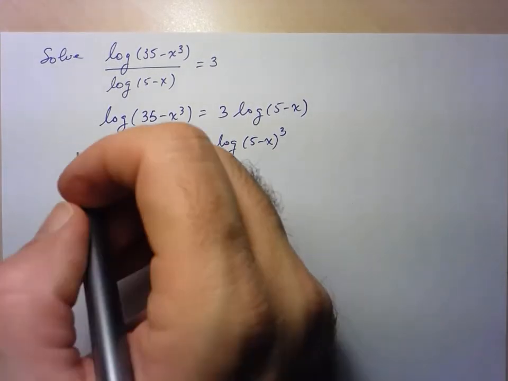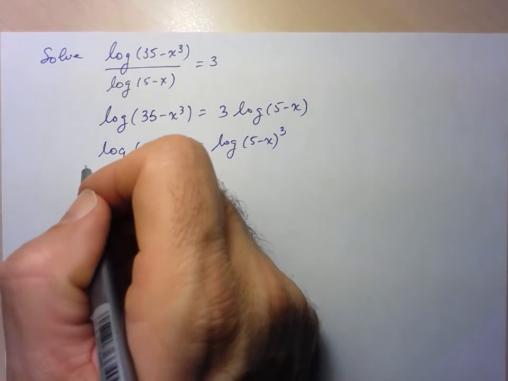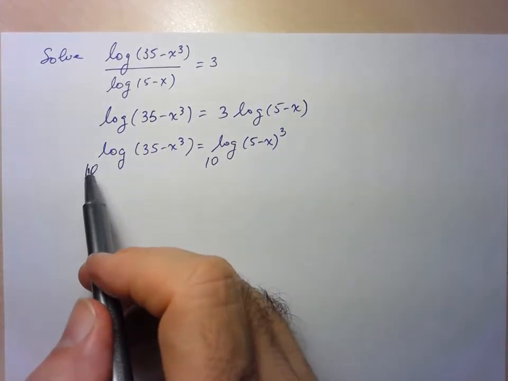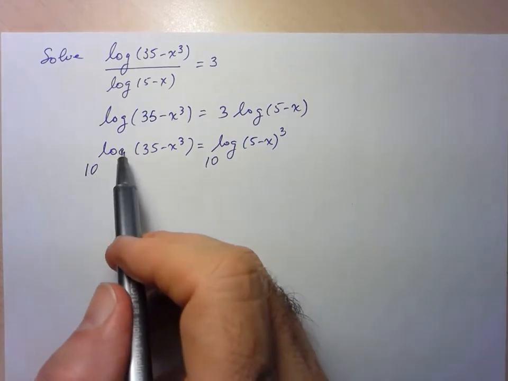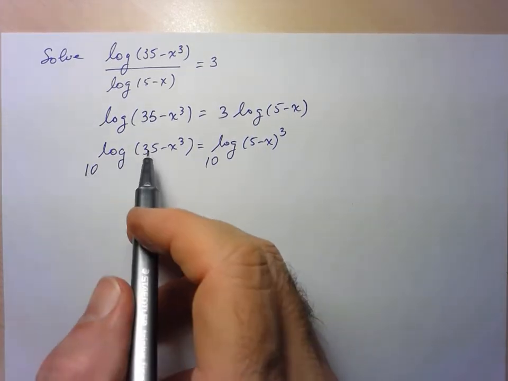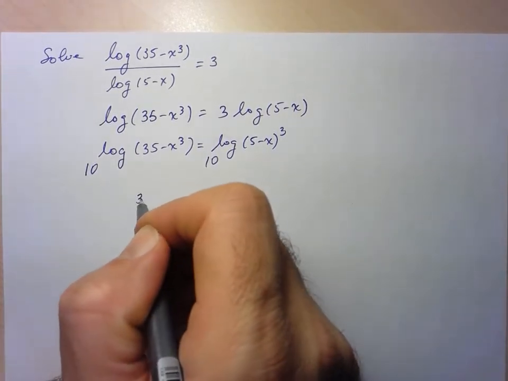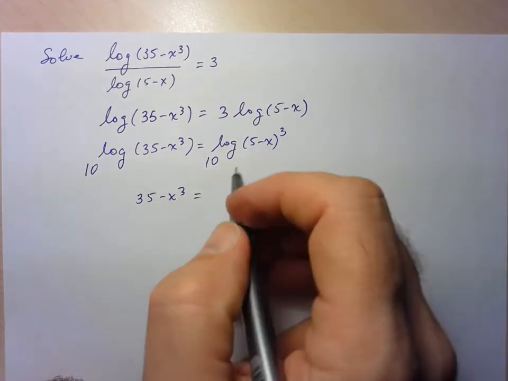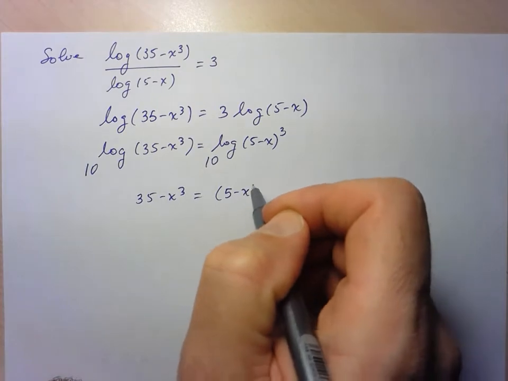You can also think of it as taking 10 to the x of both sides, and then we've got inverse functions applied to this input, so I'm left with the original input, which is 35 minus x cubed, and here I'd be left with 5 minus x all cubed.